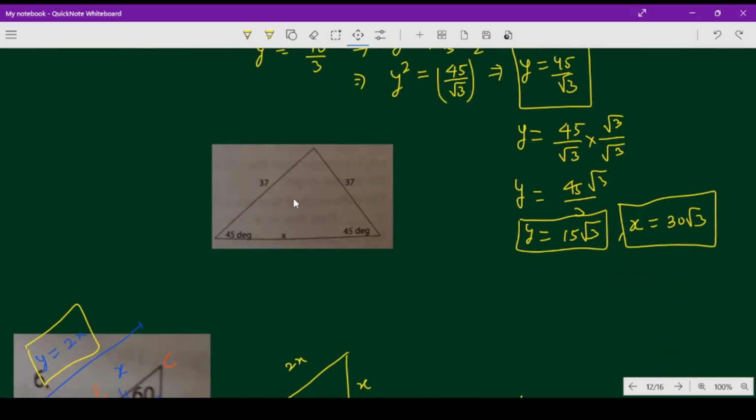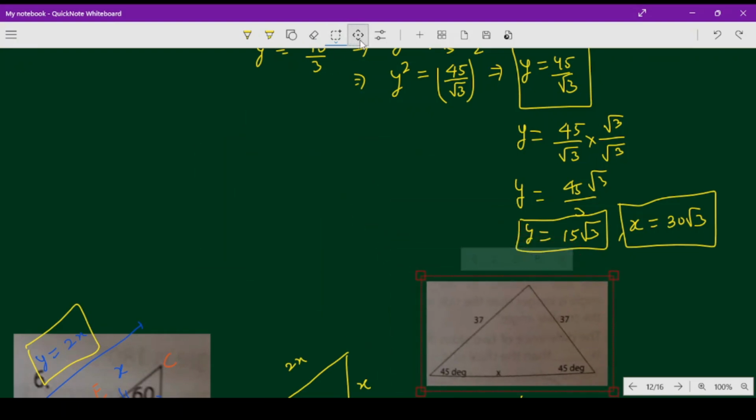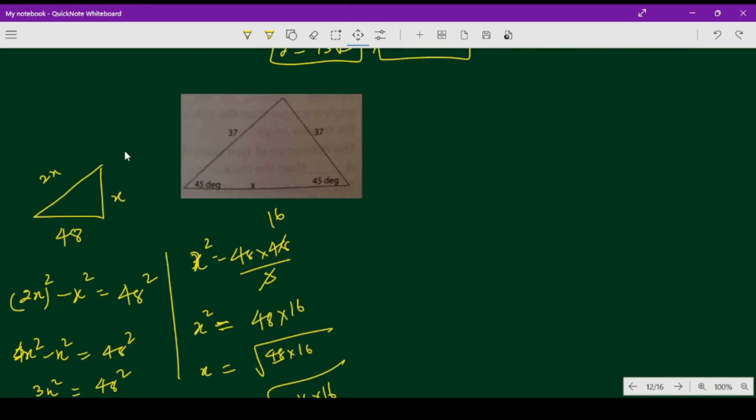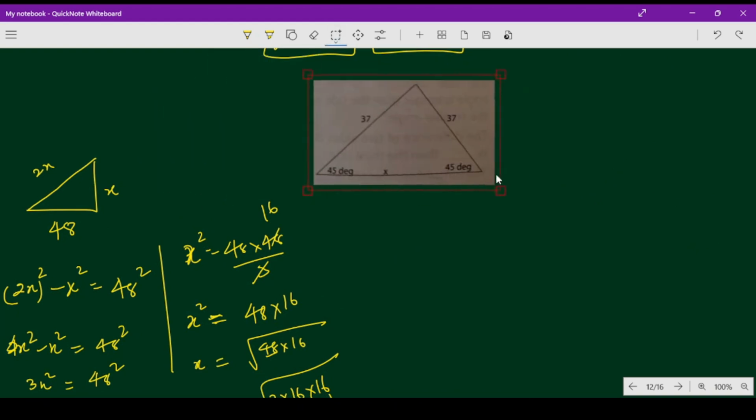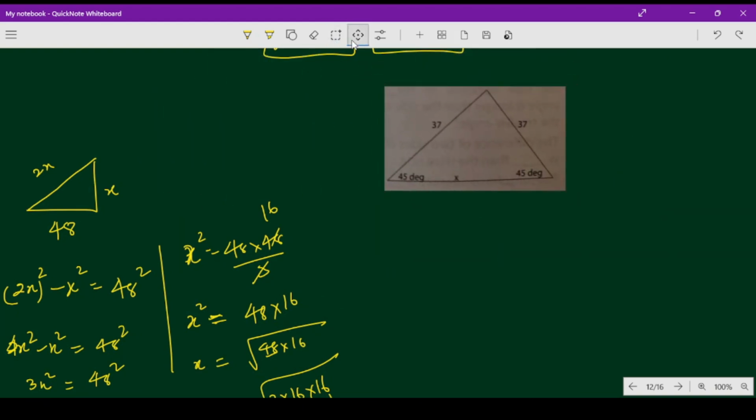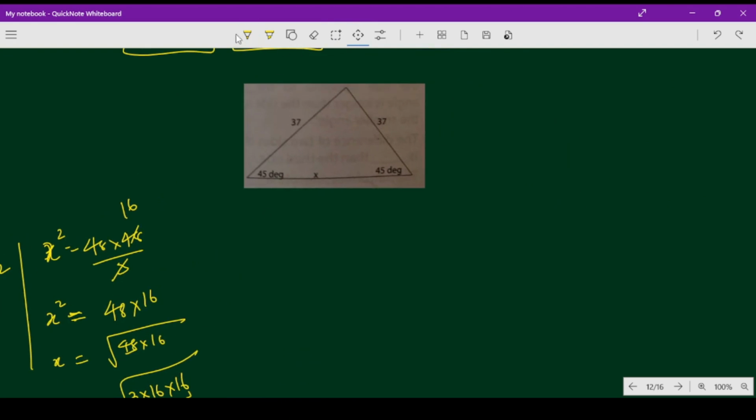So this is a very simple question. As they said, this is 45 degrees, this is 45 degrees, which means this is 90 degrees, right? Because of the angle sum property. Let me just take it down so that we can explain it. So this is a right angle triangle because 45 means this is 90 degrees and the two sides are given.